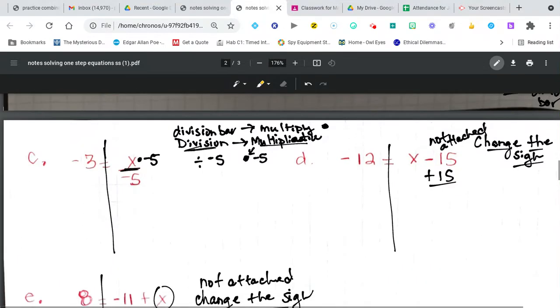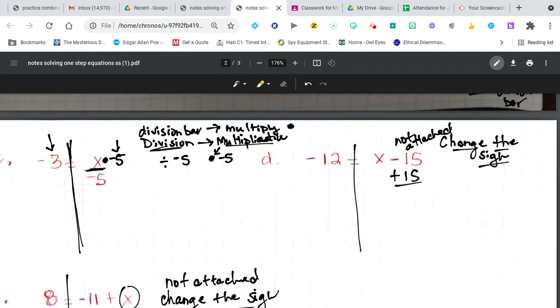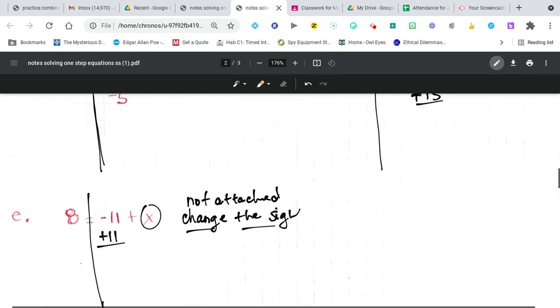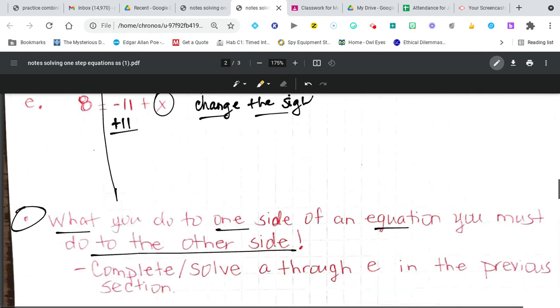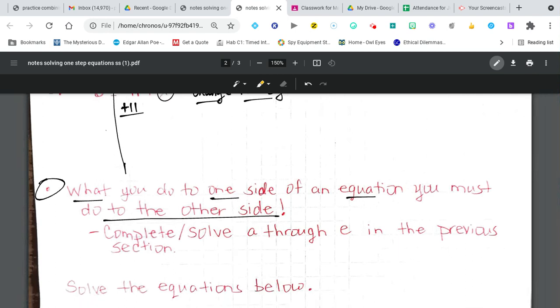On C, I multiplied by -5, but I didn't do it over here. On D, I put a plus 15, but I didn't do it over here. And on E, I put a plus 11, but I didn't do it over here. So this tells me I need to go back, and whatever I did on one side of the equation, I also need to do on the other side.